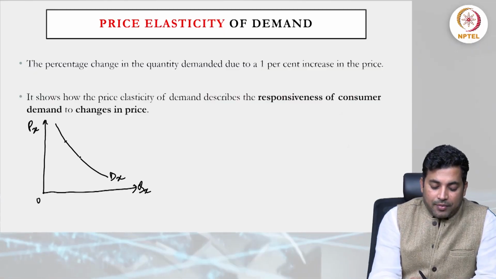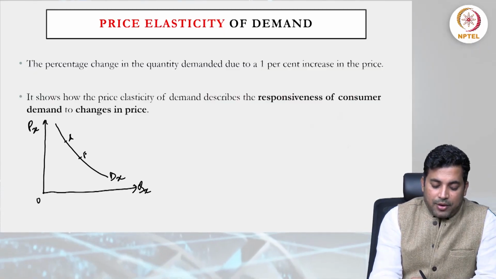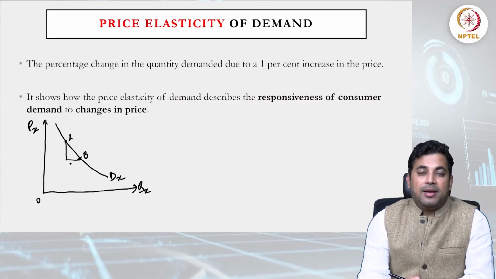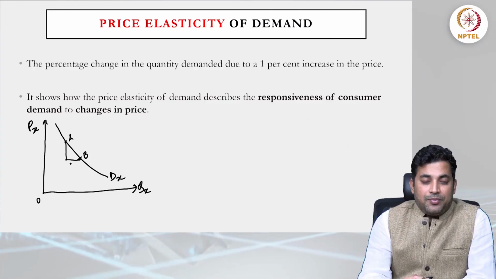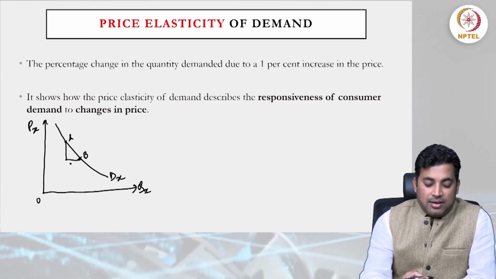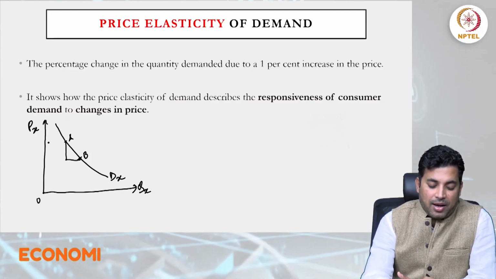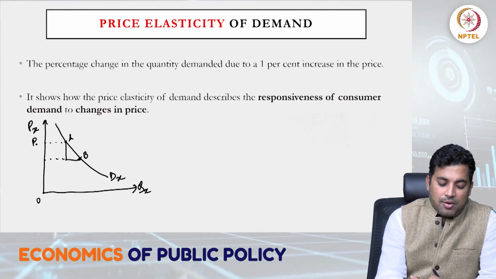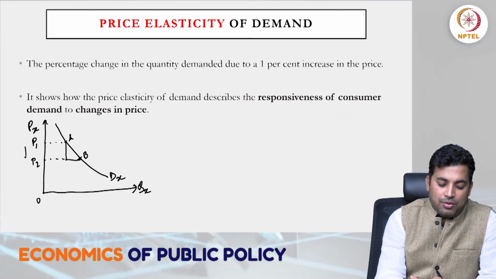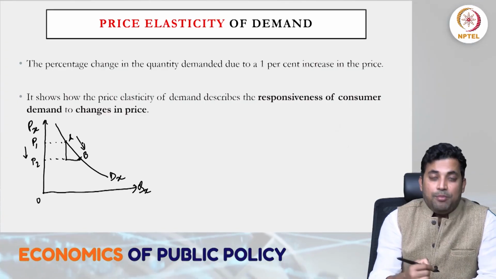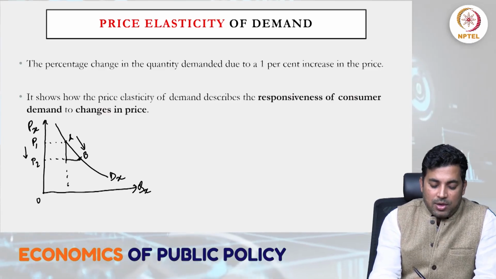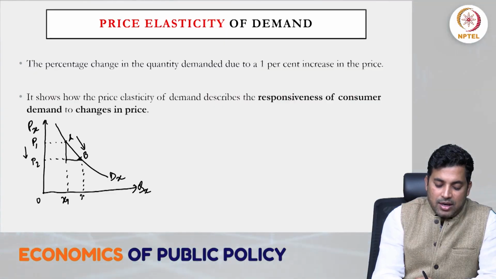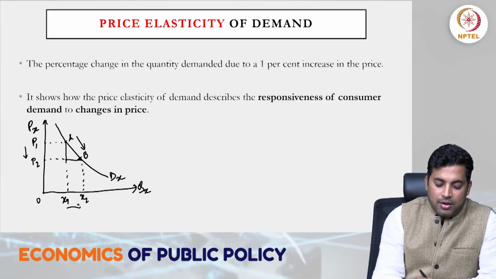At point A and point B, this movement shows how quantity and price are related to each other. Due to a change in price from P1 to P2, if I move from A to B, how much will the quantity demanded change, say from X1 to X2.